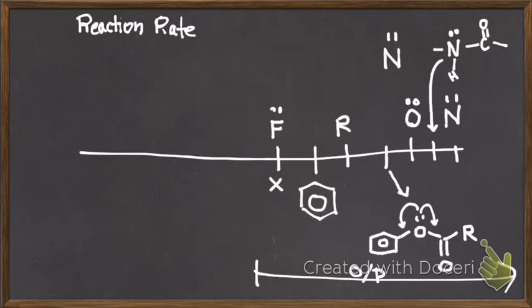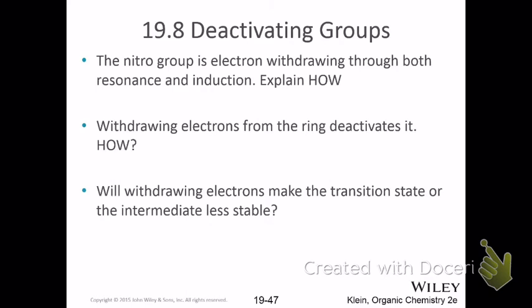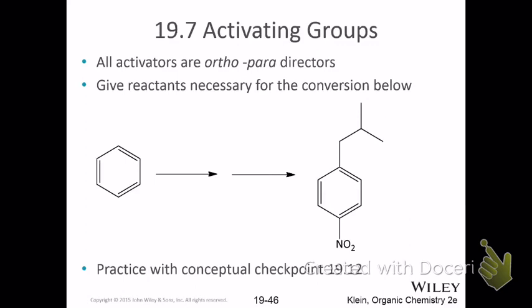Questions on that? So we're going to cover a little bit of synthesis strategy. A little bit of synthesis strategy. You're going to get a lot of problems that say, here's benzene, make this, okay?